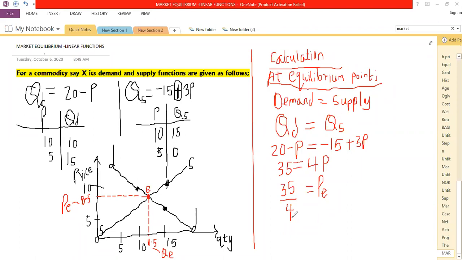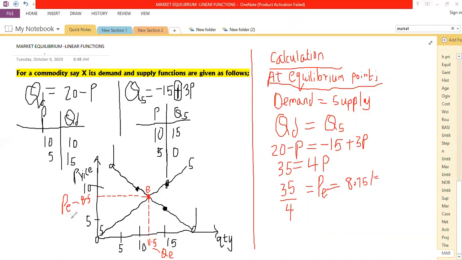what? Let's see. If somebody has found that, you can indicate it on the chart. That is 8.75 as our equilibrium price, shillings.